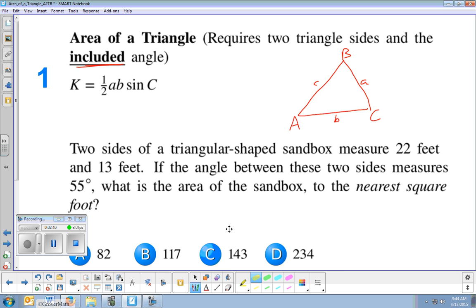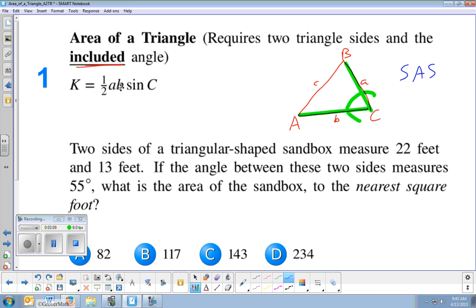Trying to select a highlighter. Okay, so side A is this side, so we have that, and side B is this side, and then sine of angle C is this angle right here. So you see how it's kind of like side angle side, which you learned in geometry last year, and that's what you need to do area of a triangle. You need the angle between the two sides, where the two sides meet.